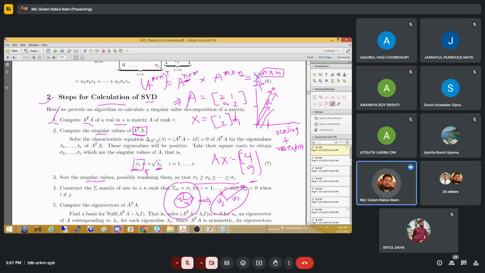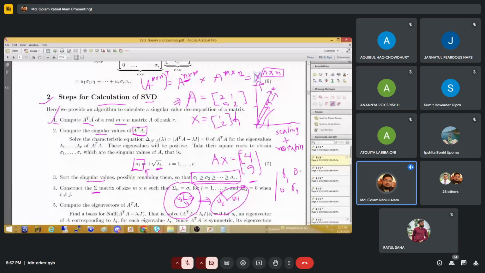And then construct the sigma, that is this matrix. Now we have to construct the matrix using these values. Actually, we have to put all those values in diagonal directions. If we consider this is our matrix, then sigma 1 we place here, then sigma 2 here, and then maybe sigma 3. All the remaining positions we just fill up with zeros.